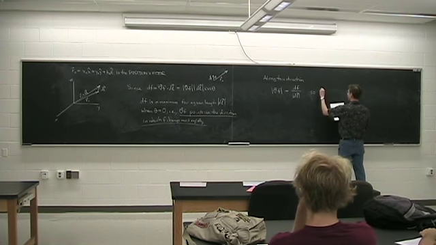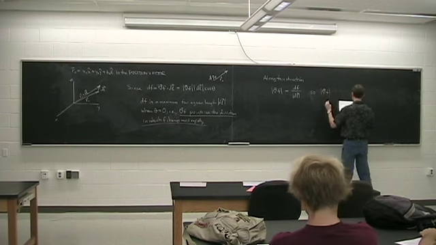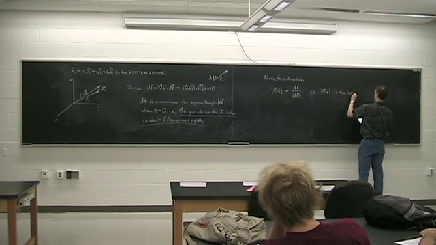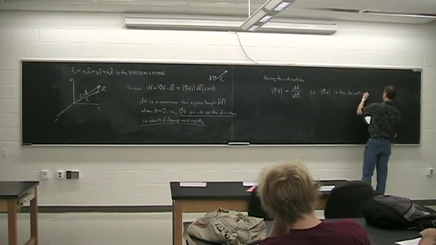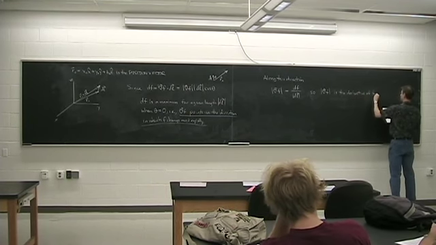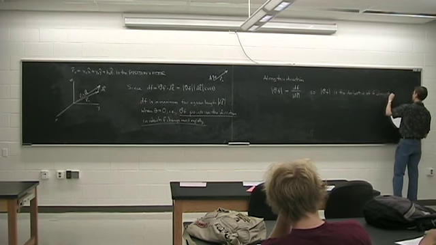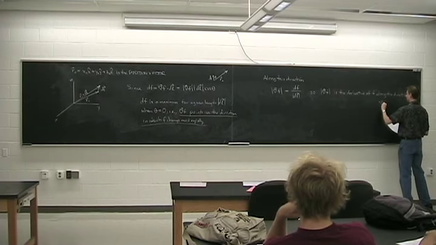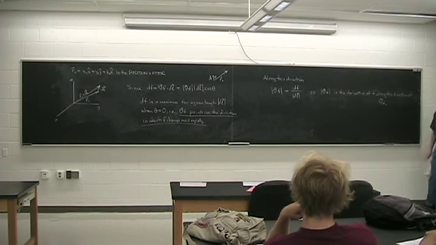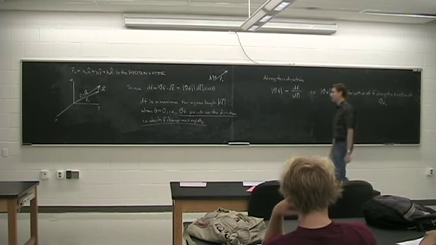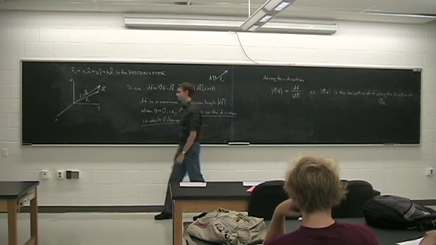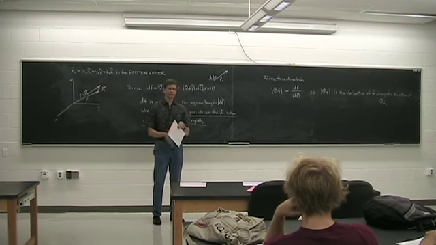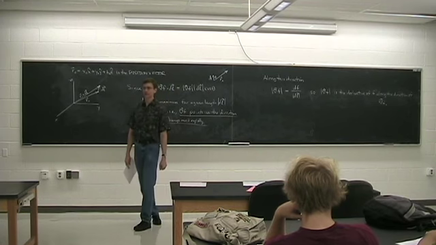So we say that the magnitude of grad f is the derivative of f along the direction of grad f. So the direction of grad f is the direction f is changing most rapidly, and the magnitude of grad f is how fast f is changing in that direction.